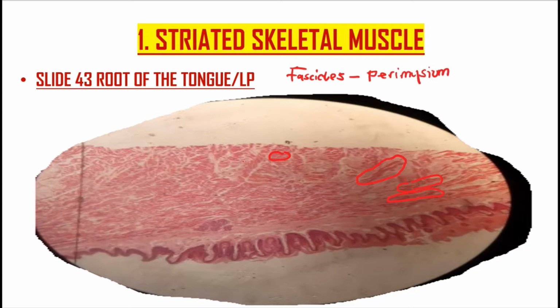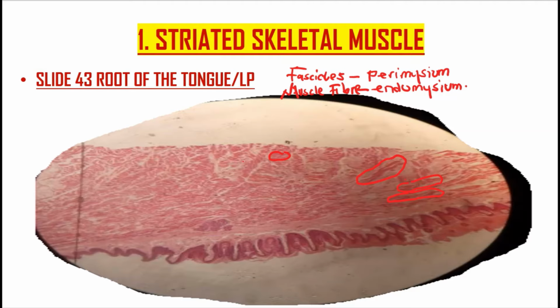The muscle fascicles contain individual muscle fibers that are covered by connective tissue called endomysium. You're not able to see this here because this is at low power. So an individual muscle fiber is covered by an endomysium.